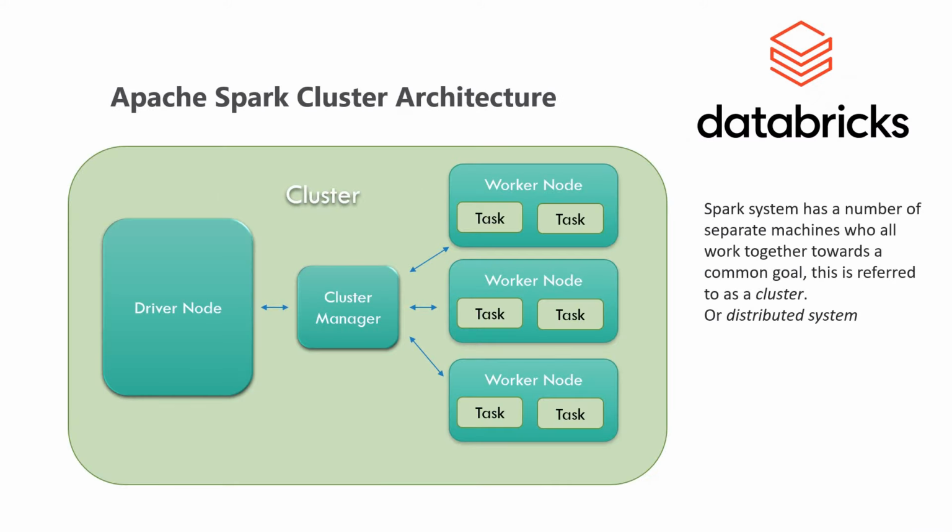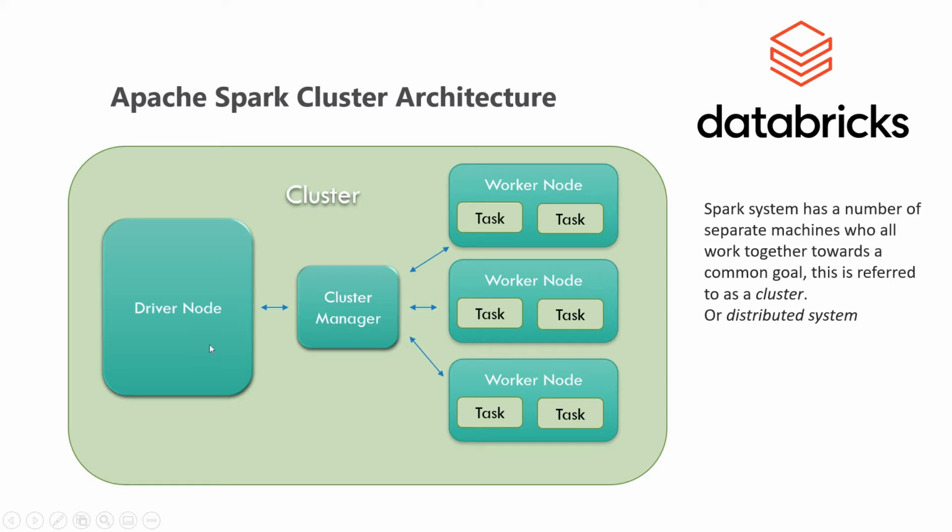If you see the architecture of Apache Spark, we have a driver node, we have a cluster manager, and we have the worker nodes. A worker node can have more than one task. So this entire thing is called a Spark system. Here on the left side you can see the driver node, which is used to orchestrate the whole Spark cluster.